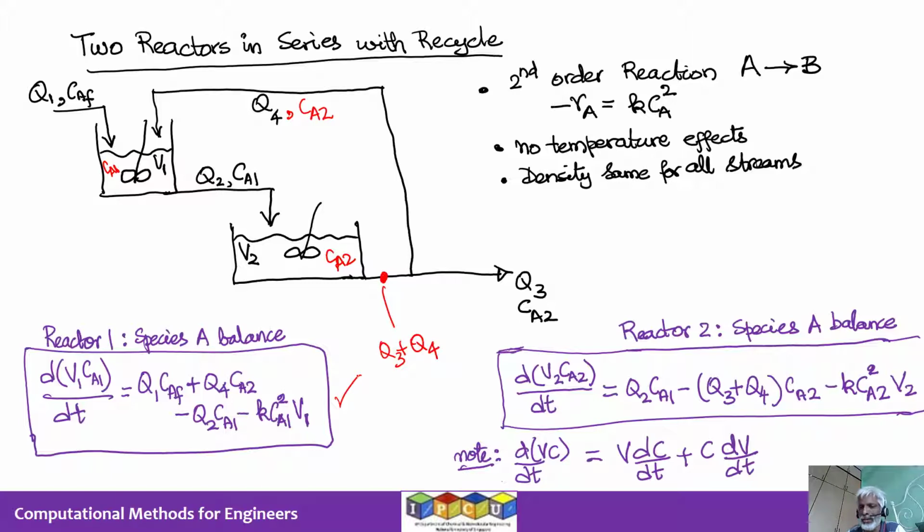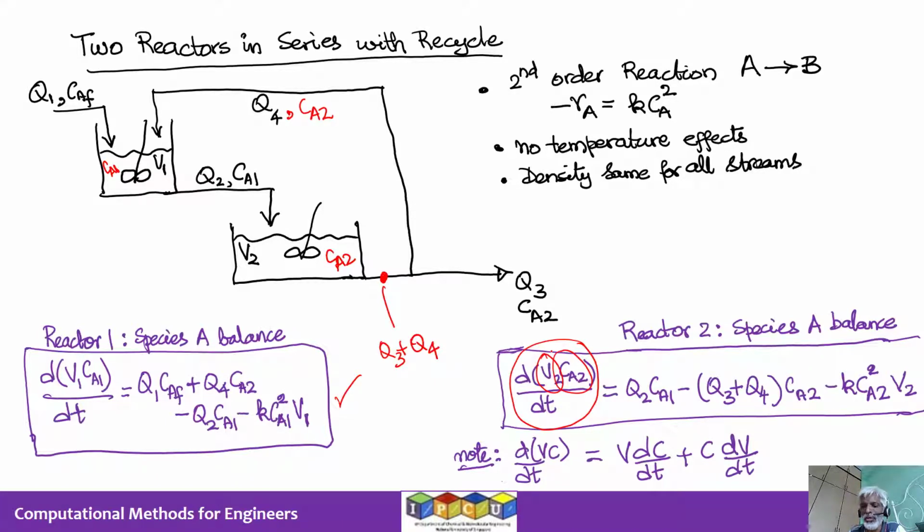Now, when you come to reactor 2, what you see is, of course, similar things with appropriate symbols on the left hand side. So we say d by dt of V2 CA2. V2 is the volume of the second reactor at any point in time. CA2 is the concentration of A in reactor 2 at any point in time. Those are the symbols we have used for volume and concentrations.